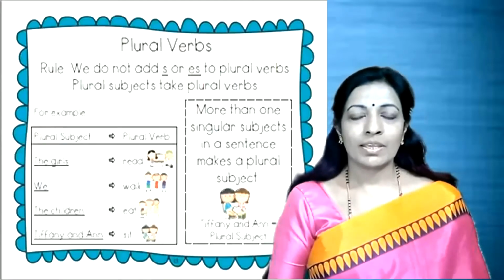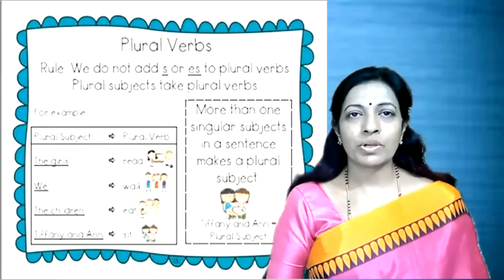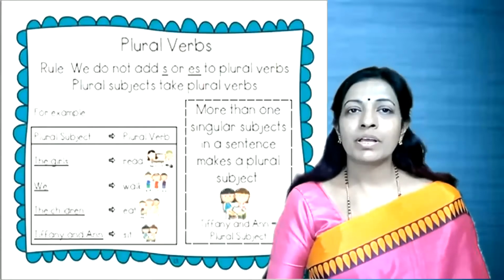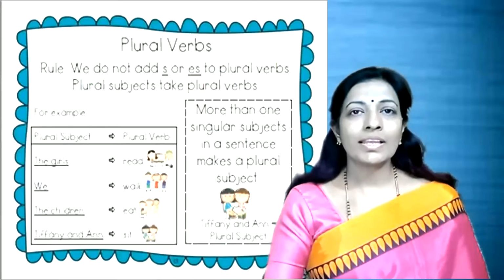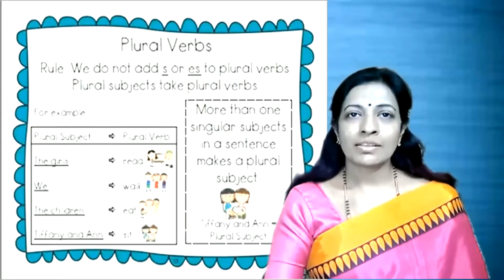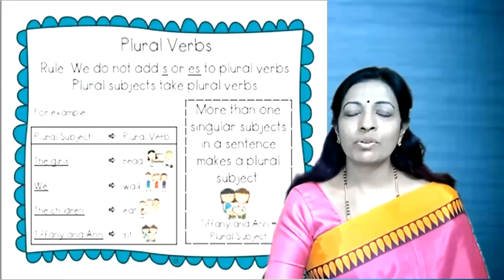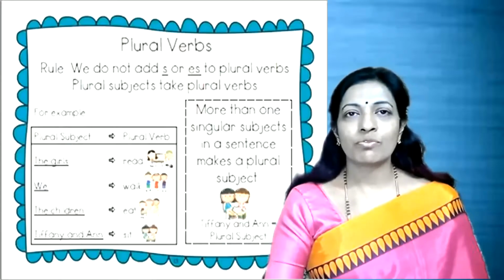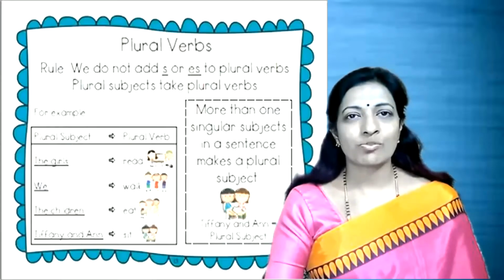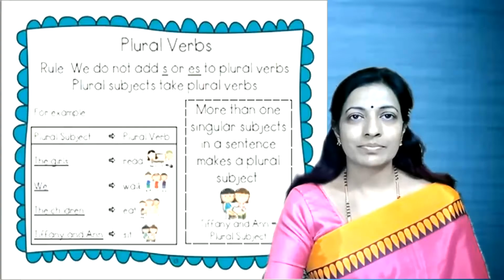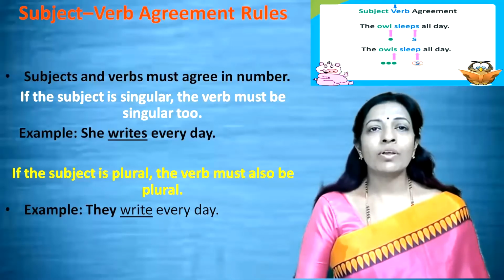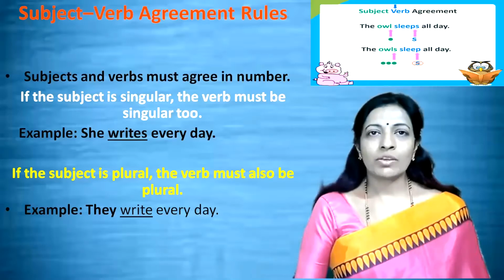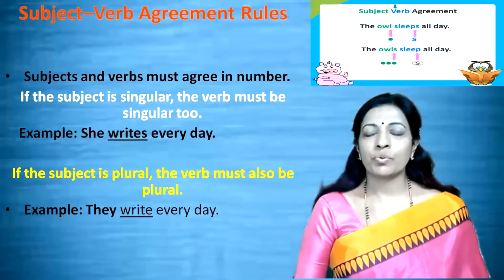Walk. Here the subject is plural and so the verb does not end with S or ES. The children eat. Again, the subject is plural, therefore the verb does not end with S or ES.